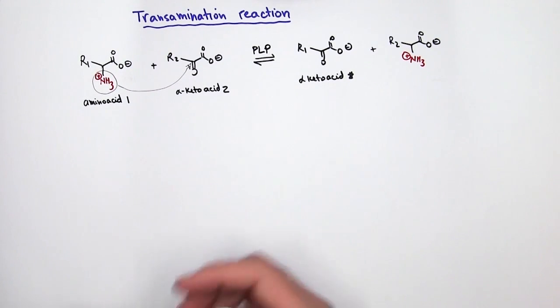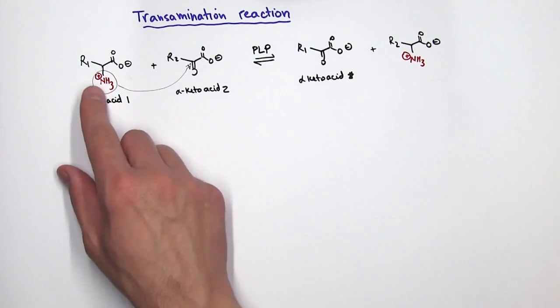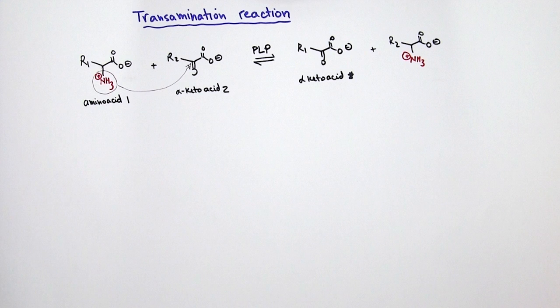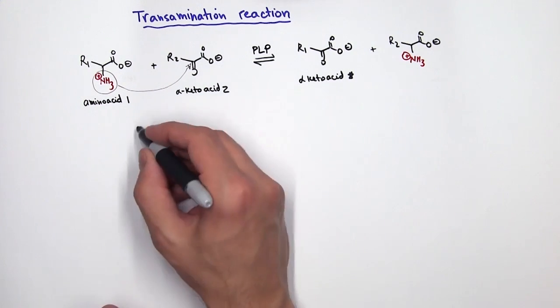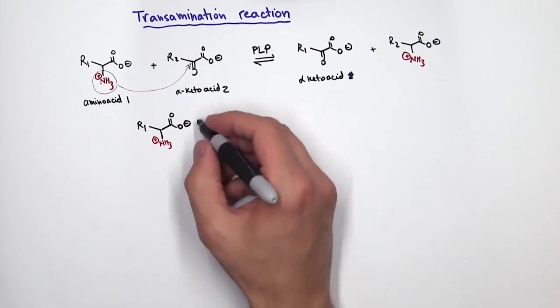So, in effect, the PLP catalyzed transamination reaction facilitates the transfer of the amine group from an amino acid to an alpha keto acid. Now, this reaction actually occurs in two steps. In the first step, the amino acid transfers the amine group to the cofactor itself.